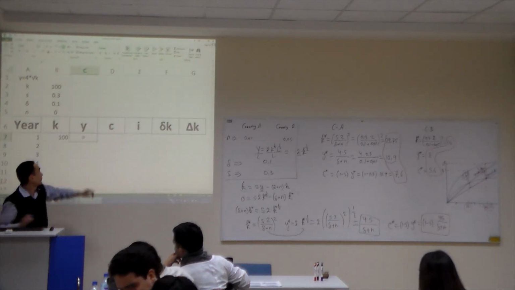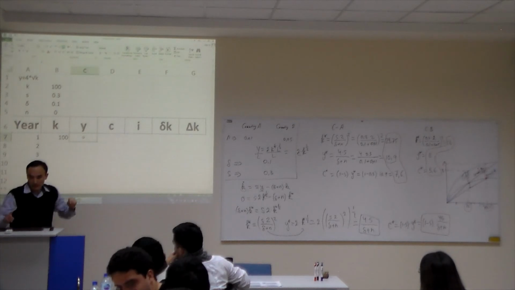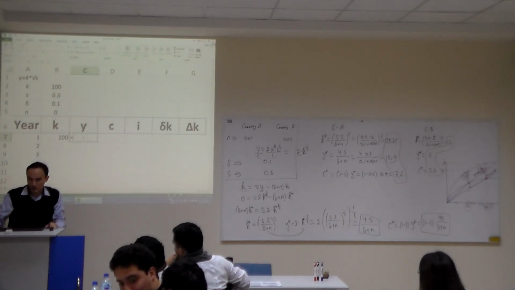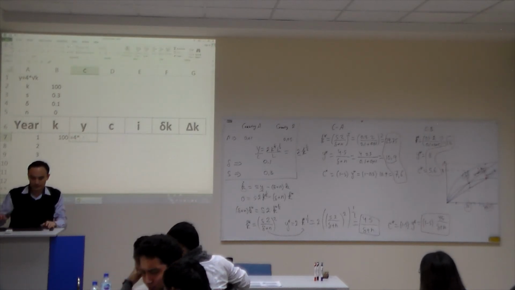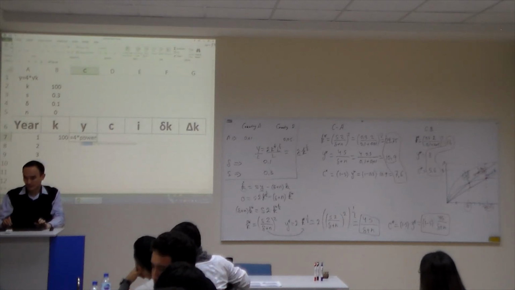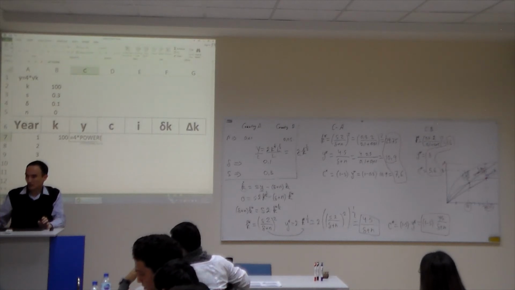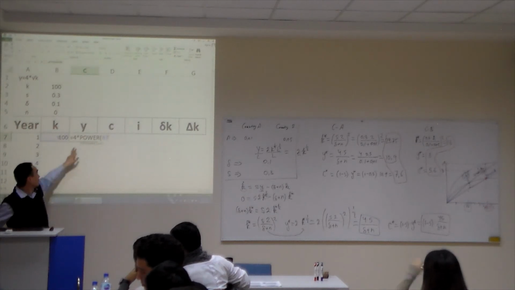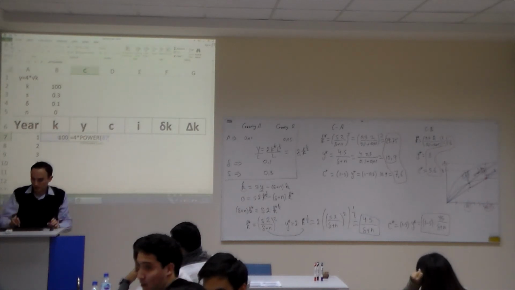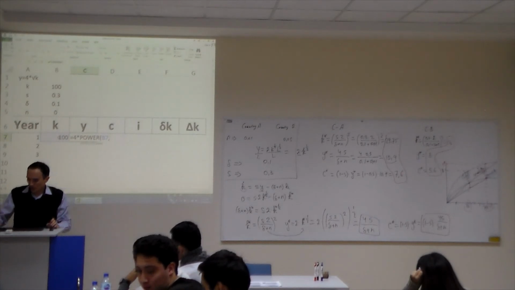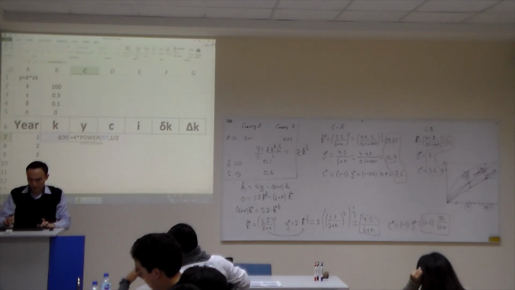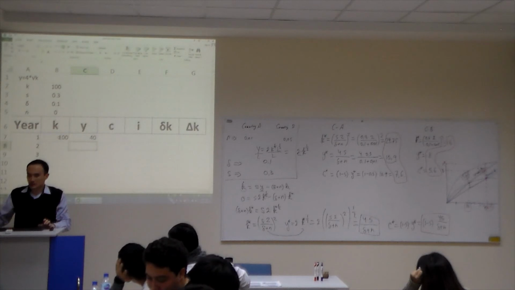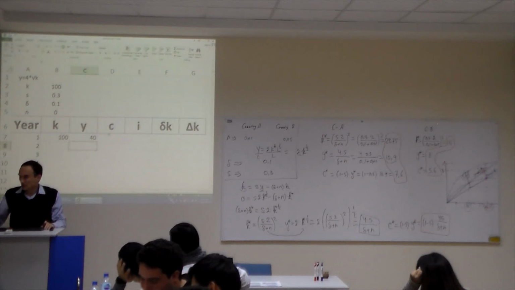What about our output? What was our output function? It is given over there. It's equal to technology times capital to the power of 1 over 2, which is equal to 40, right?